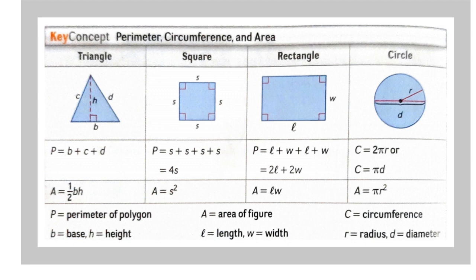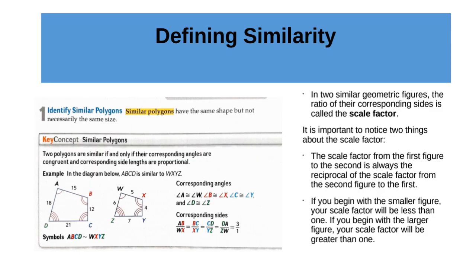The area of a rectangle is length times width, and its perimeter is 2 times the length plus 2 times the width. And the area of a circle is pi times radius squared, and its circumference is 2 times pi times the radius.